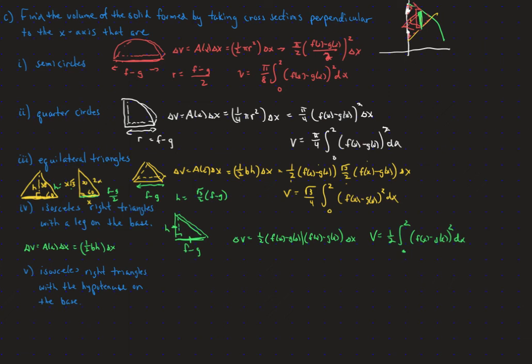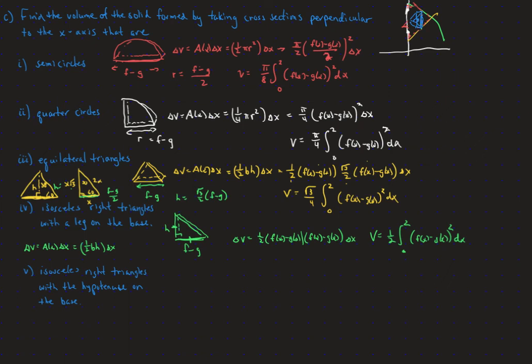So on our last one now, the isosceles right triangle with a hypotenuse on the actual figure. So now, here's our rectangle. Now this is the hypotenuse. So as we bring this up out of the board, this is going to be our right angle up here.